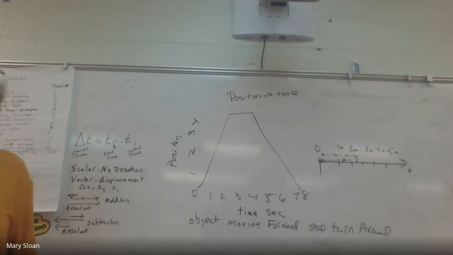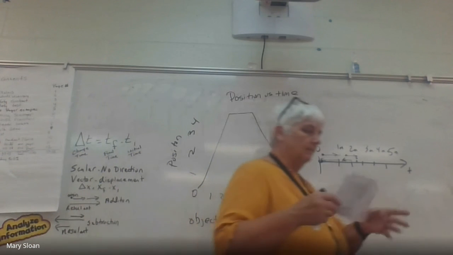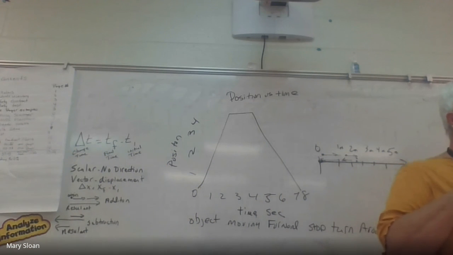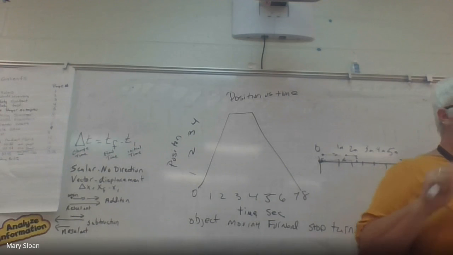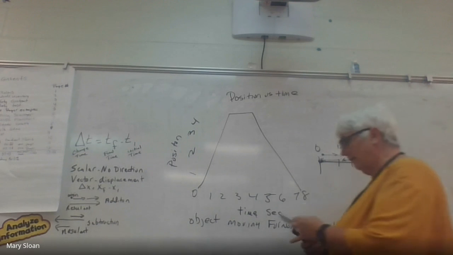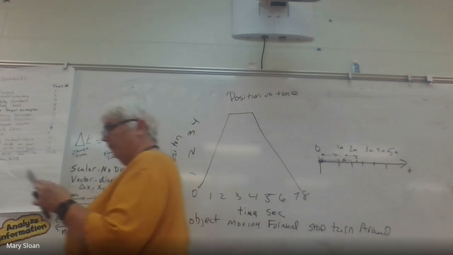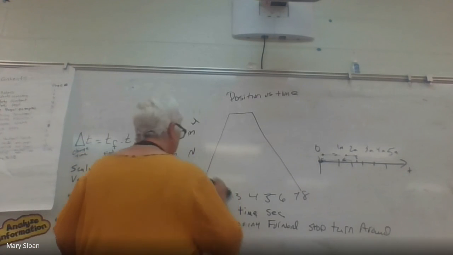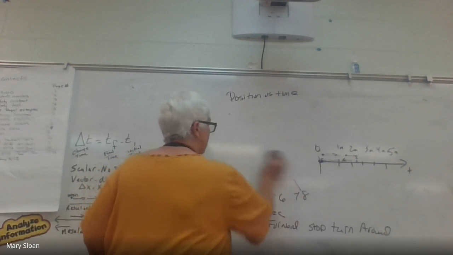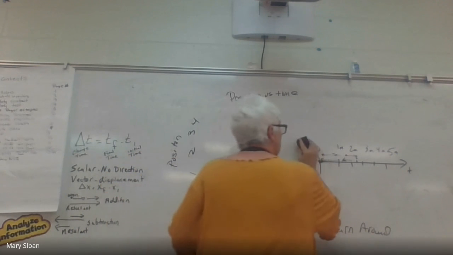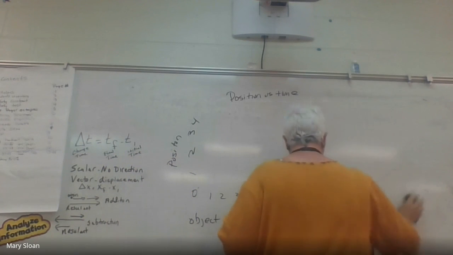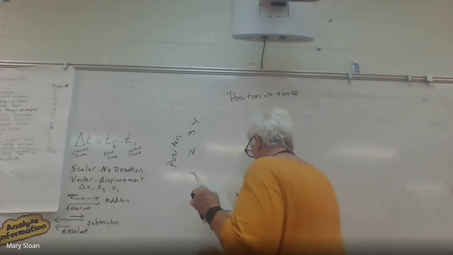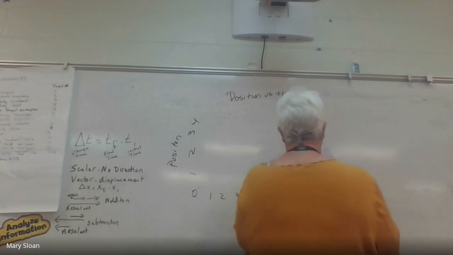Okay, so let's look at the next one. The next one is giving us a motion map, and we have to do a position time graph. What do you think we're going to do with this one? So I'm going to keep this up here because this is my position time graph. I'm going to go ahead and draw me another one of these so I can see what is going on.